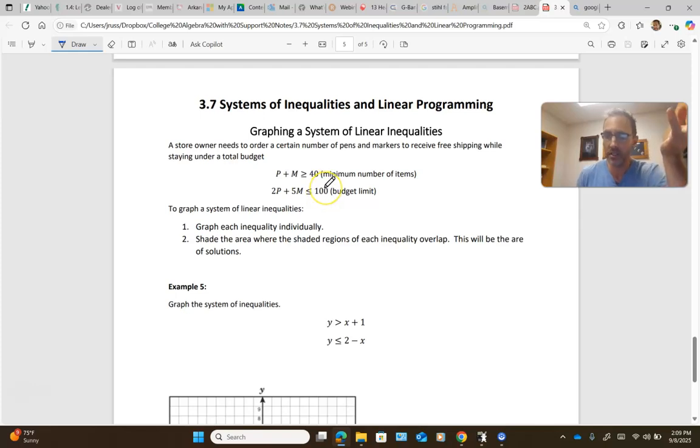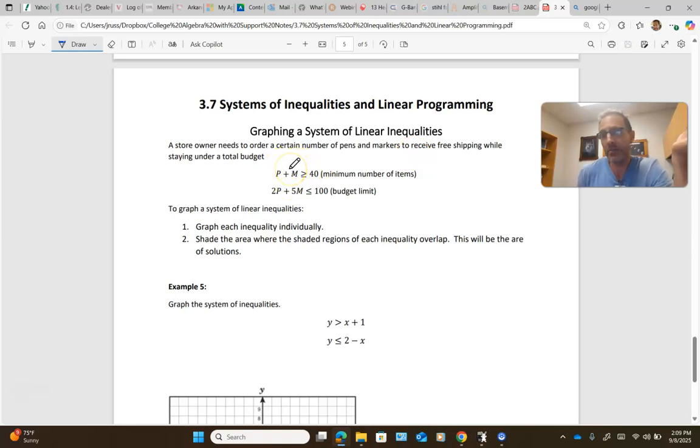So then the question becomes, okay, how many boxes of pens and markers should I order such that I'm at least ordering 40, and furthermore, that I'm trying to stay at or below my budget. Okay, so this would be an example.